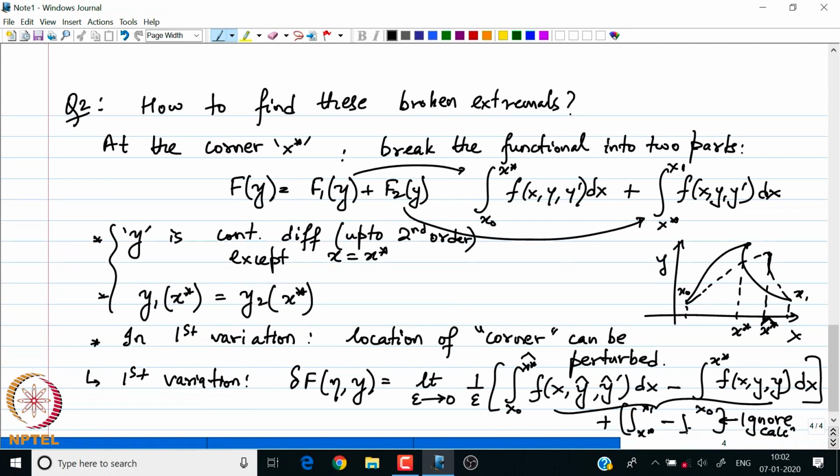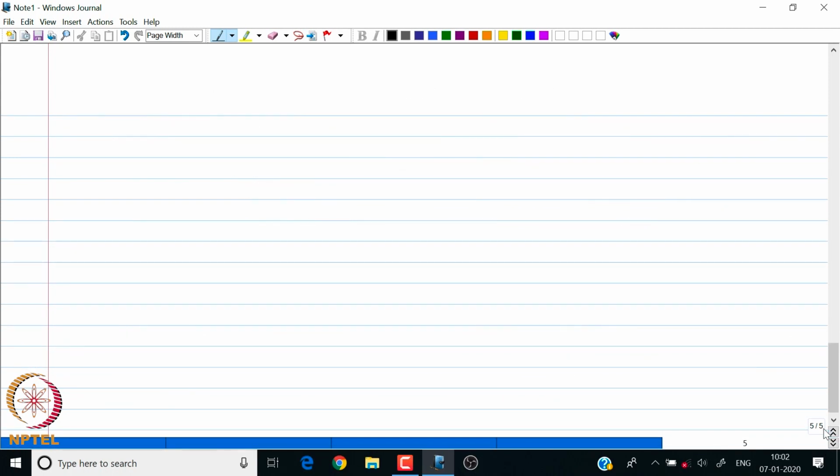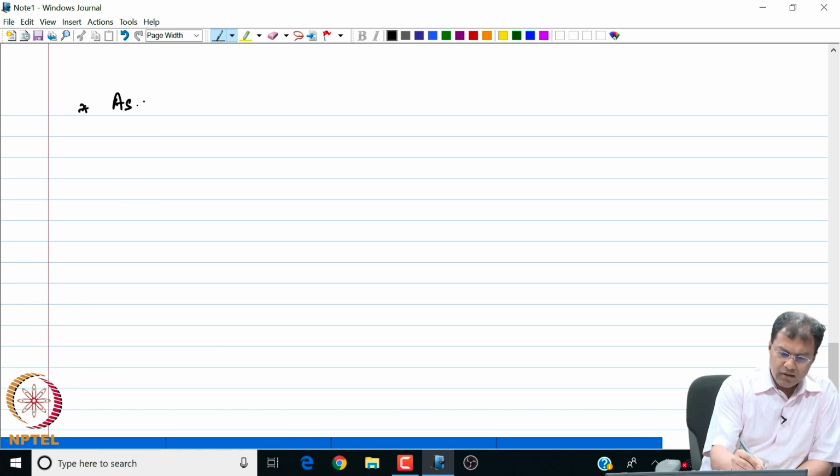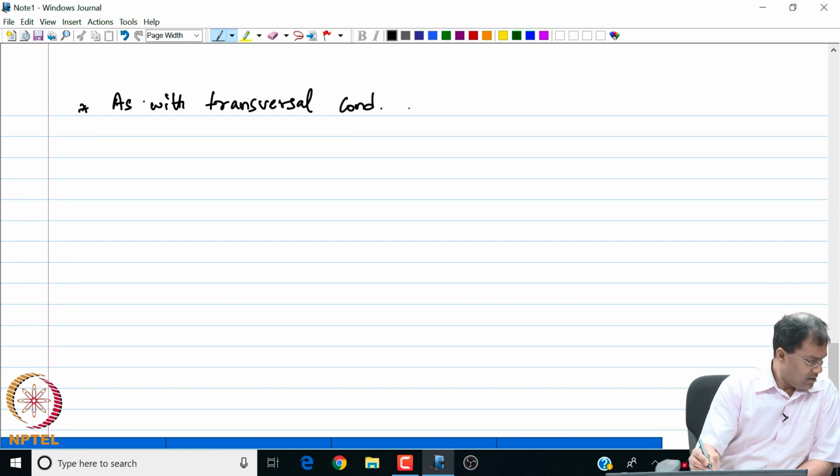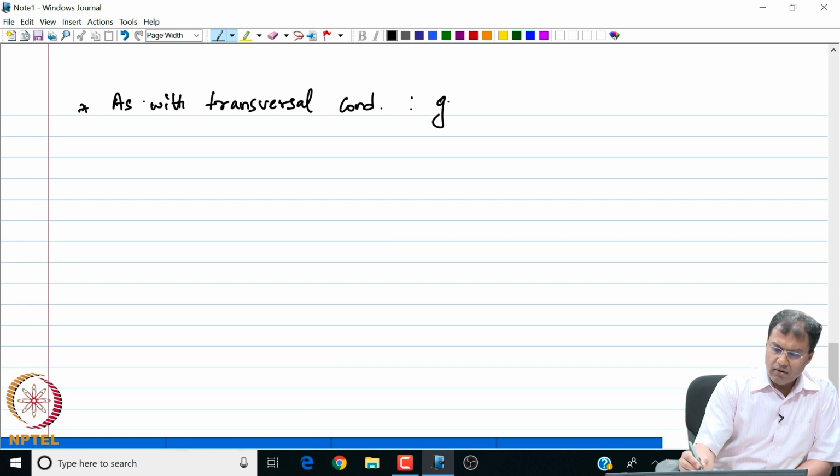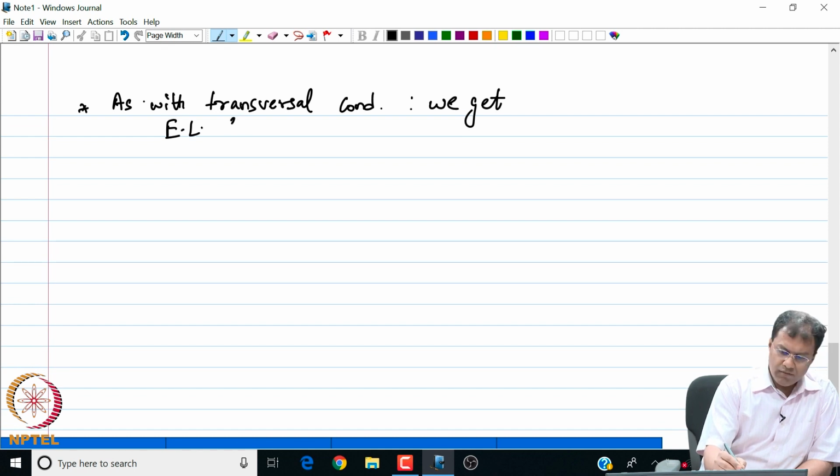This difference plus the other difference will boil down to the Euler-Lagrange equations plus some extra terms which will not vanish.